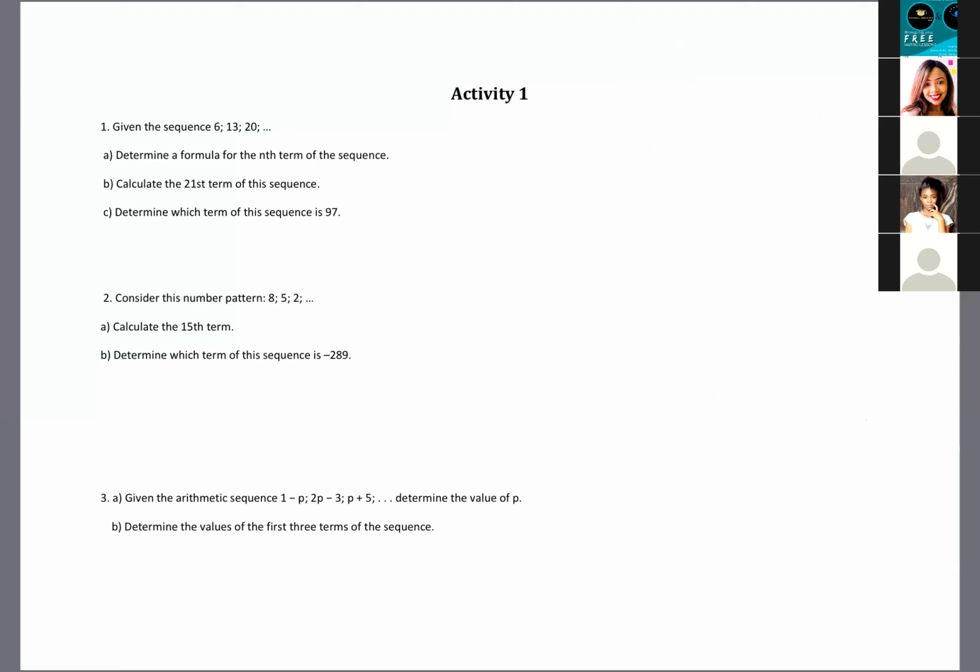Okay, so let's do B. B says calculate the 21st term of the sequence. Now remember we said that Tn after working out A is equal to 7n minus 1, right? So when they say calculate the 21st term of the sequence, I'm looking for T21. Whenever I see an n, I'm going to substitute it with 21.